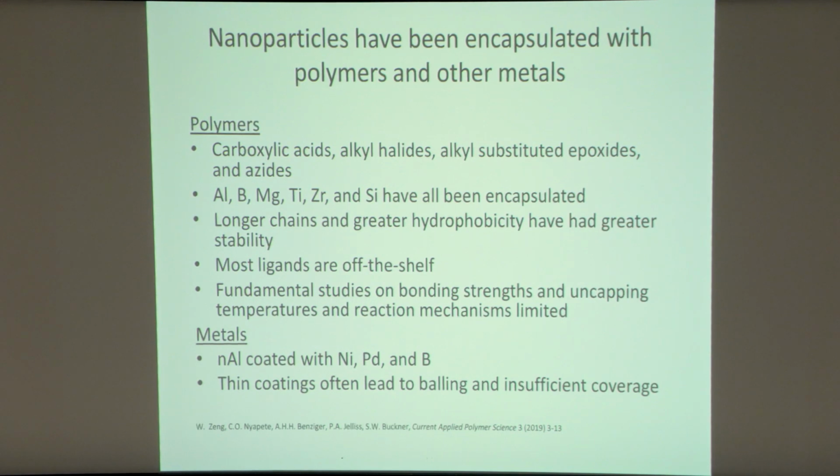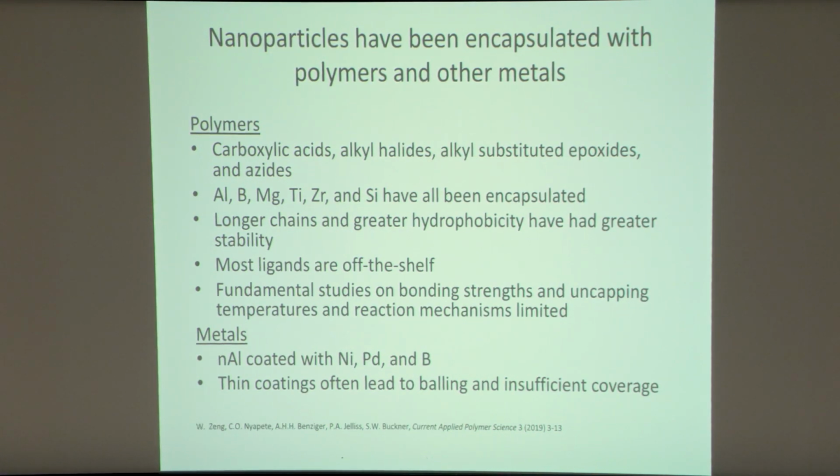Okay, so again, the idea is how can I passivate the surface and what's been done? So I'm not going to go through all these, but give you an idea. Nanoparticles have been encapsulated with polymers and other metals. So in terms of polymers, carboxylic acid, halides, alkyl substituted epoxides, and azides have all been coated on nanometallic particles.